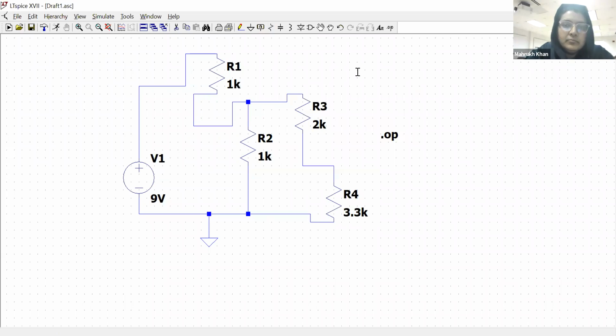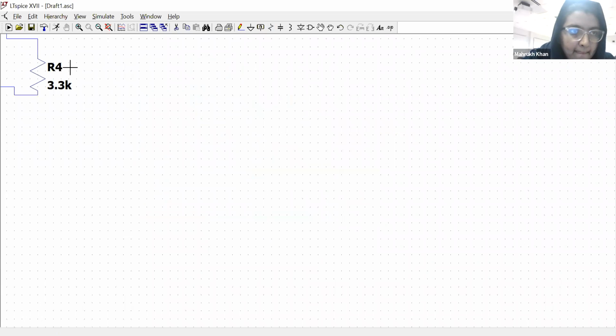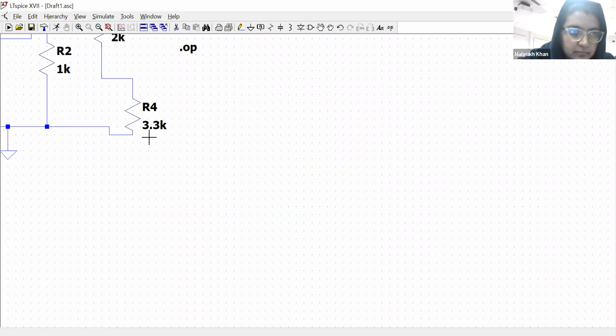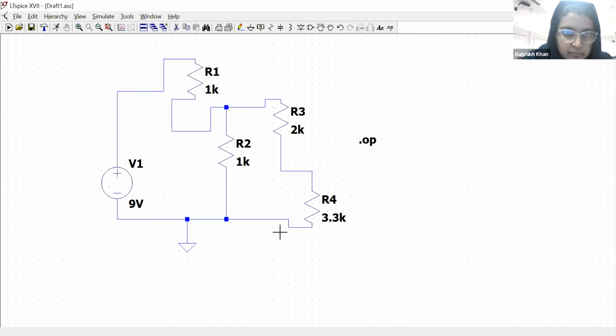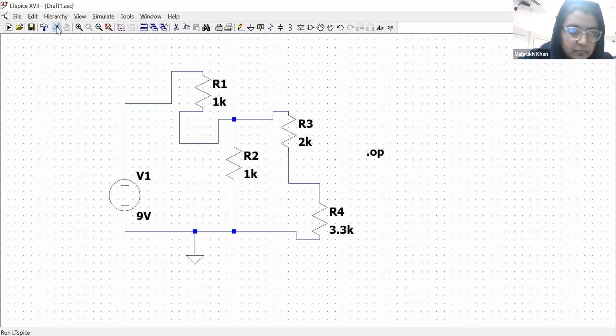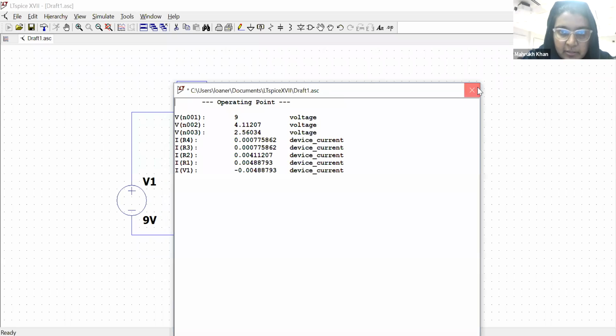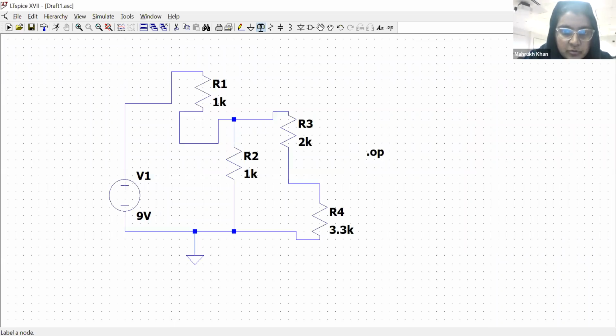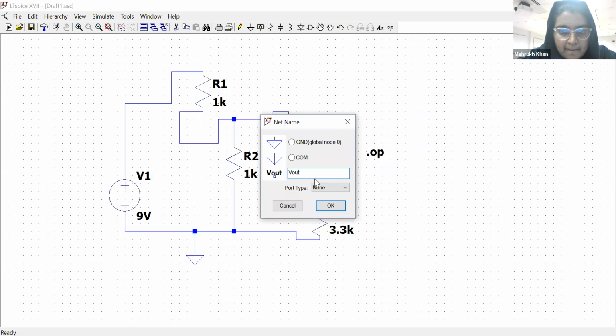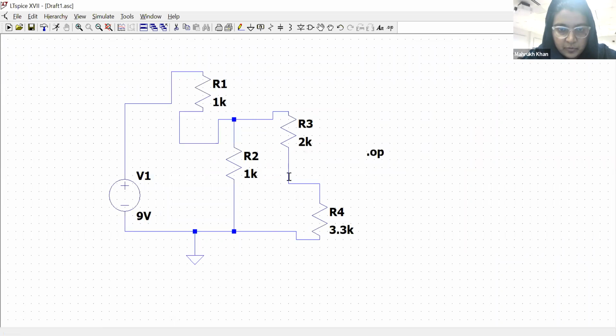Okay, so these are the values I am getting. 9 volts, and I did not define the V out. Let me define V out, or V4. So this is my V4, okay? So these nodes I am getting.